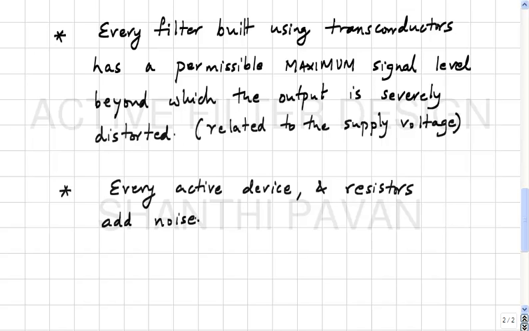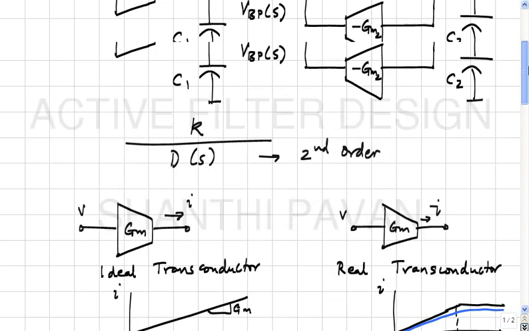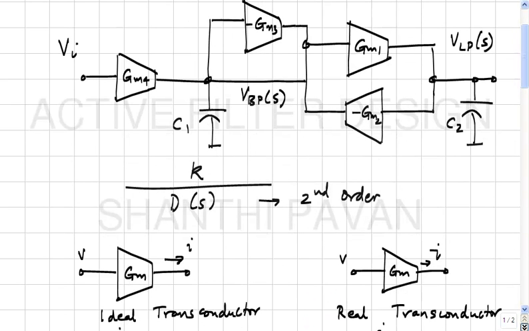We will get into a more thorough discussion on noise going forward, but at this point all I wanted to understand is that every transconductor here, ideally, what would you expect this current to be?